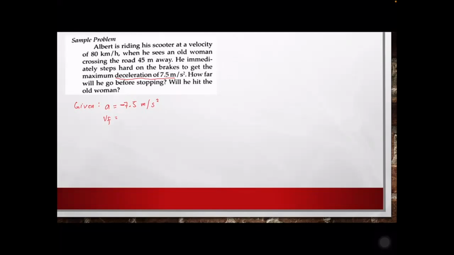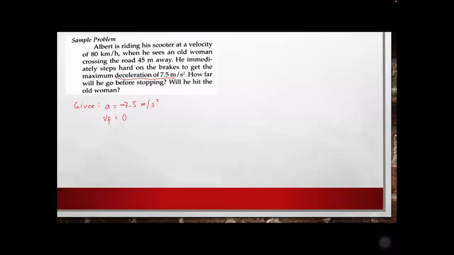What is the value? 80 po. So, ibig sabihin, pag tumatakbo ka, tapos bigla kang nag-press ng brake, di ba hihinto yung car? Anong takbo nun? 80 pa din? Zero po. The final velocity will be zero kasi bababa nga siya eh.